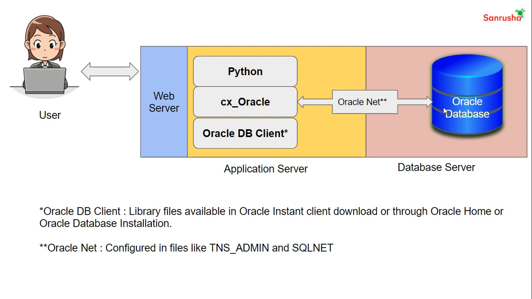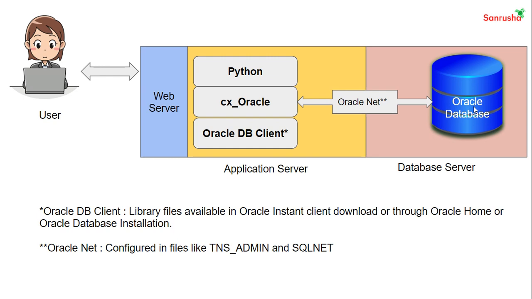Let's understand how they are involved and what compartmentalization or distinction there is between these two components of the application. Oracle database is a database server. It's a database system where any and every kind of data your application takes or uses is stored.